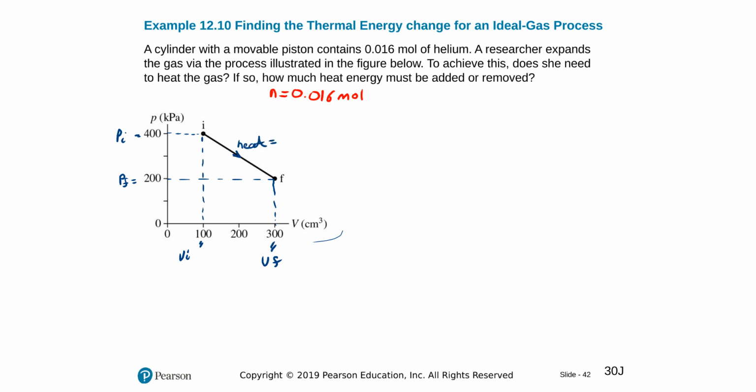If you heat the gas, there will be a thermal energy change. And we can calculate this delta E thermal using 3/2 nR delta T. Remember, E thermal is defined as 3/2 nRT.